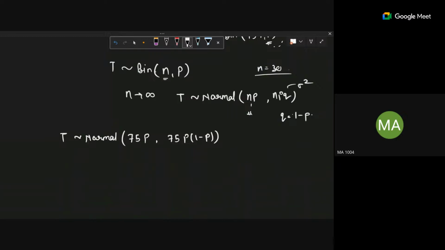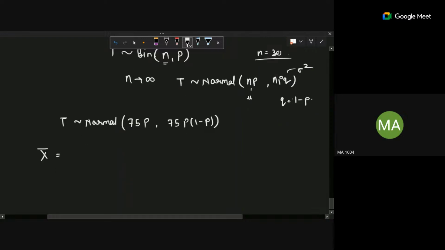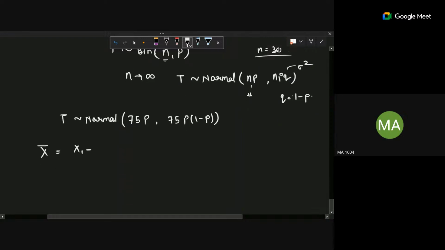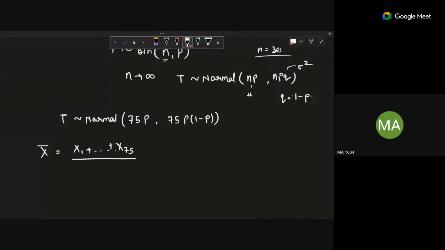So till now, is it fine? T is actually the sum of random variables, right? But when we check anything, we go for the mean, right? So let's say my x bar is (x1 to x75) upon 75.